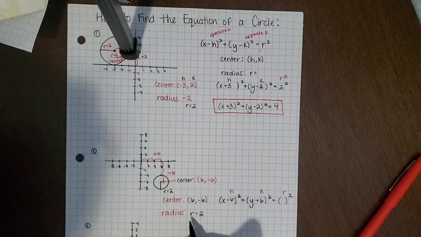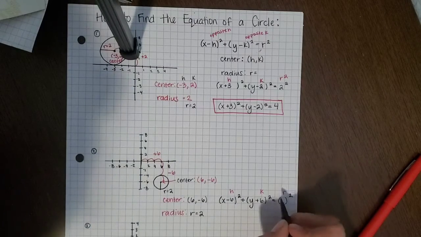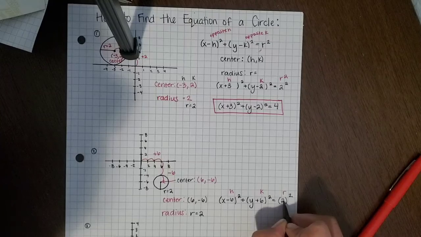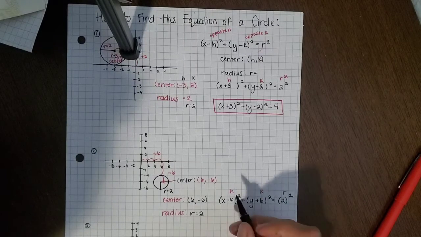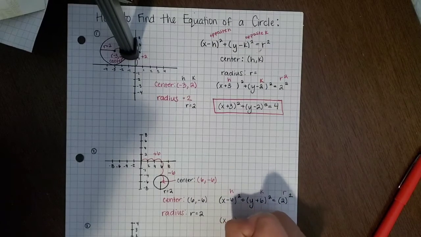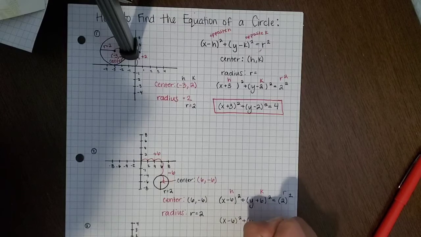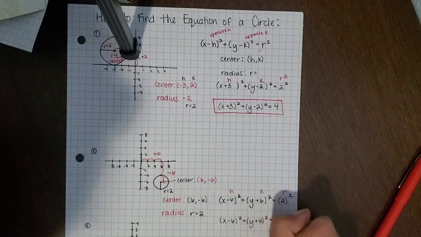And my value of r is 2 here. So I'm going to plug in a 2 here. This all stays the same. I'm just going to square this for my final equation. I have x minus 6 squared plus y plus 6 squared is equal to 4.